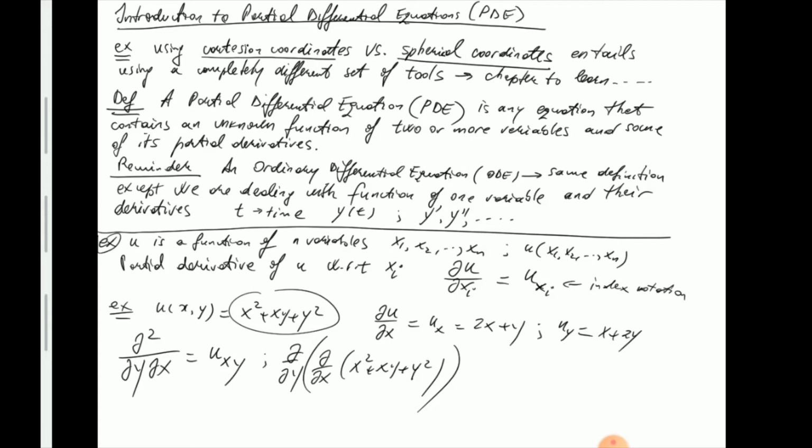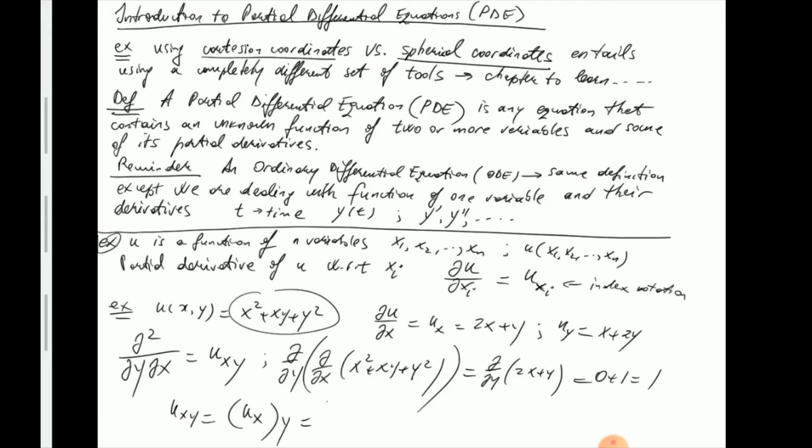So if I do partial x first, that's going to be, like I said before, 2x plus y. And then you do partial y again, and that's going to be, of course, 0 plus 1, because x is a constant with respect to y. And so that's going to be 1. If we use the index notation, it starts with the index closest to the function, right? So u sub xy means u partial x and then partial y.